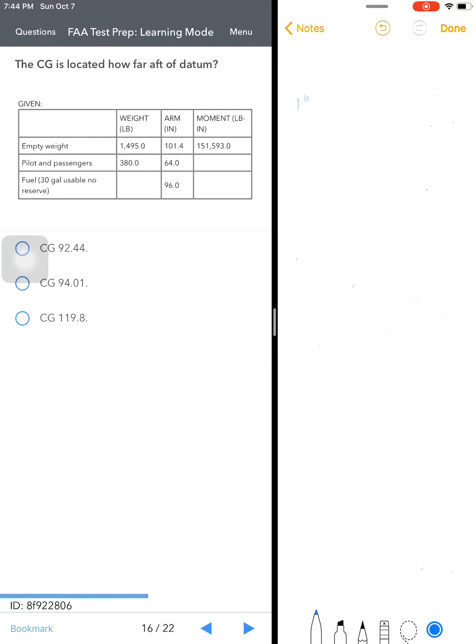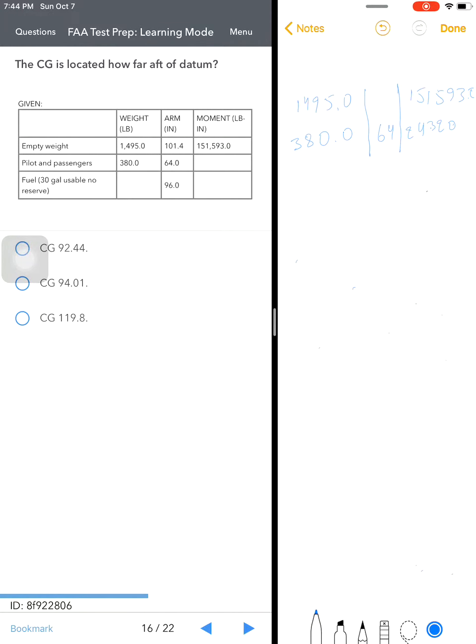Alright, so empty weight is 1495.0. Arm is 101, doesn't matter, the moment is 151,593.0. This one is not divided by anything. So for pallet, front passenger 380.0, and then arm 64, now it matters. So 380 multiplied by 64 equals 24,320.